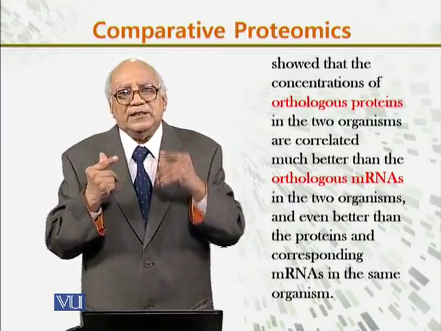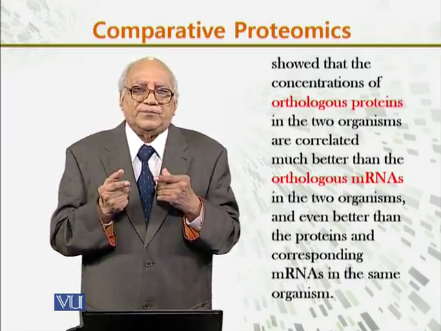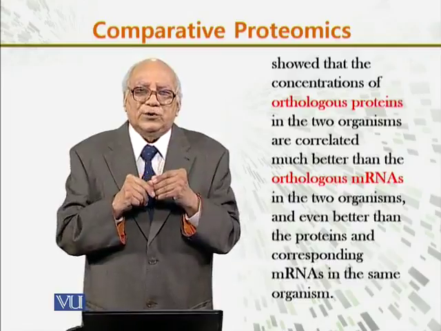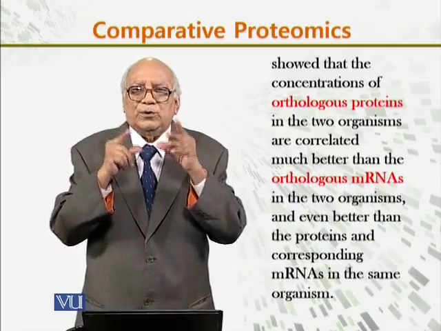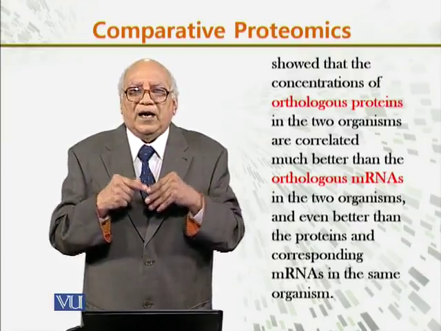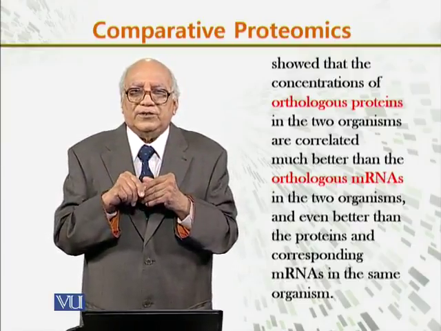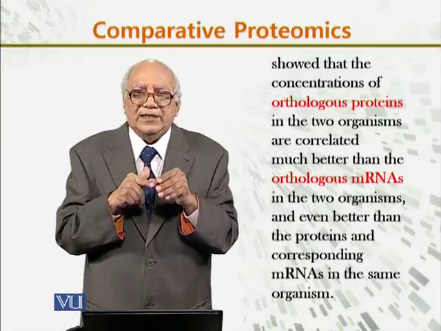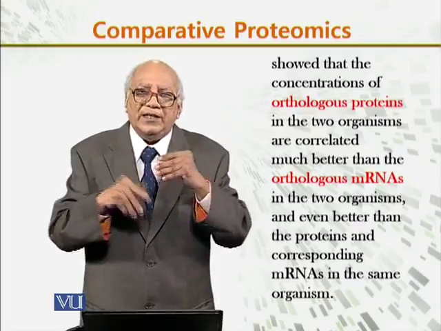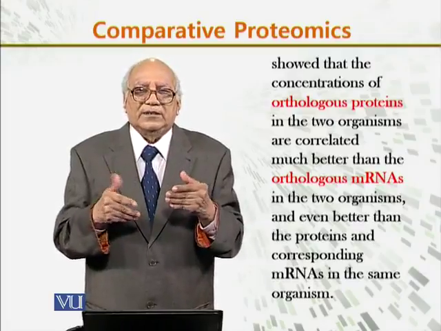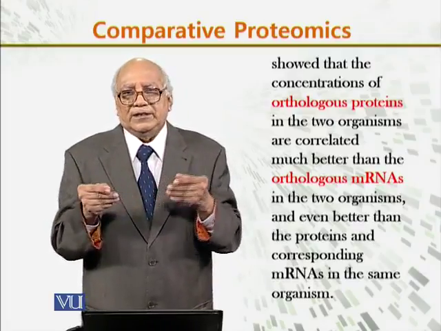So quantitative proteomics helps us determine a better correlation between the orthologous proteins of the two organisms which we studied, that is C. elegans and Drosophila, and we can extend this result further to different species of organisms.